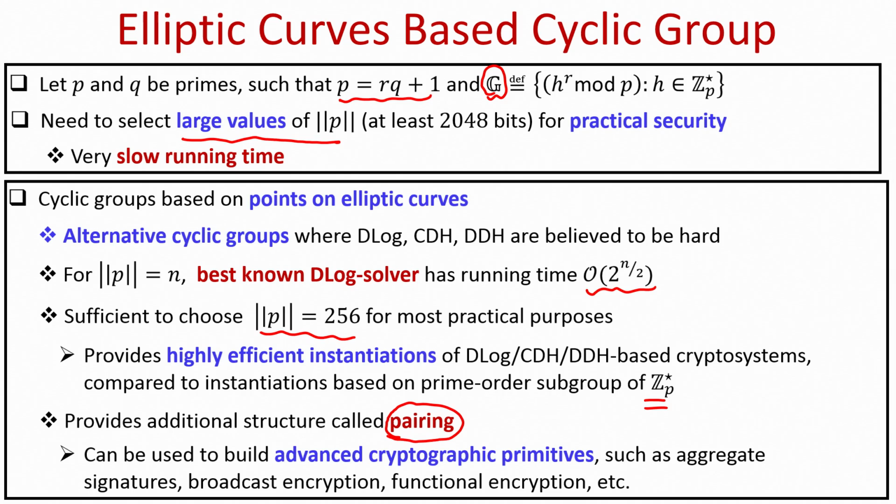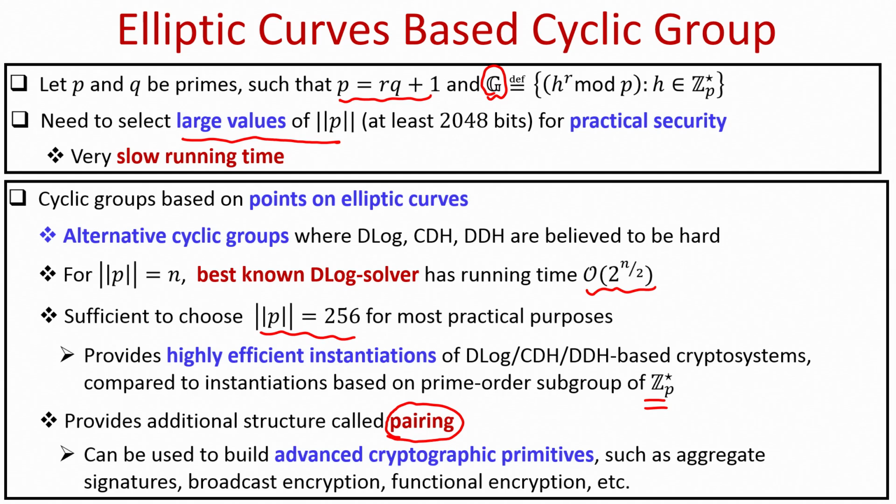So, in this lecture we will see cyclic groups based on the points on elliptic curves, and these are alternative cyclic groups where the D-log problem, the CDH problem and the DDH problem are indeed believed to be hard. More specifically, if the size of the prime that we operate with is n bits, then the best known D-log solver for these groups is of order 2 to the power n by 2, and that means it is sufficient to operate with a 256 bit prime for most practical purposes.